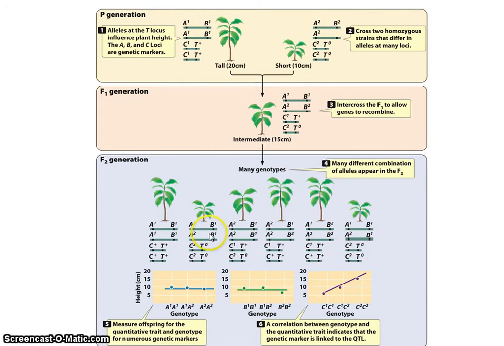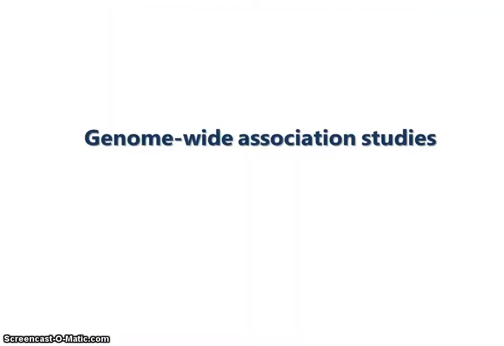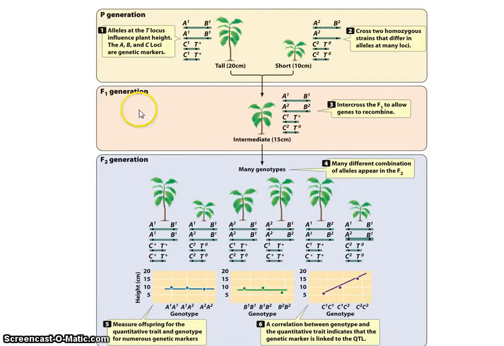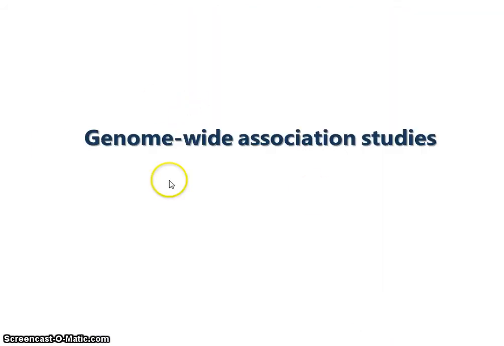And you need a huge sample size to be able to do this, because statistically, you're doing so many comparisons, you need a much larger sample size. And so you're looking at the association of phenotype and genotype, but you're doing it across the entire genome.